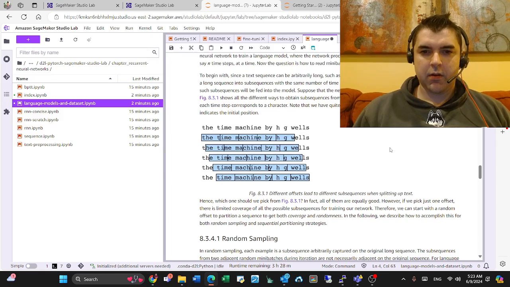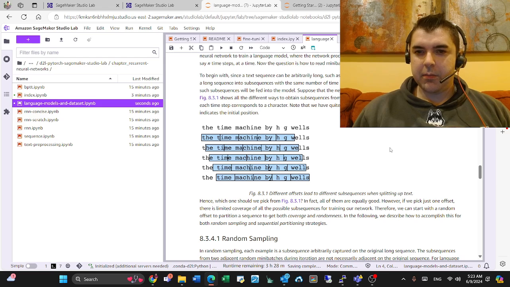So to begin with, since the text sequence can be arbitrarily long, such as the entire machine learning book, we can partition such a long sequence into subsequences with the same number of steps. When training our neural network, a mini batch of such subsequences will be fed into the model. Suppose that the network processes a sequence of n steps at a time.